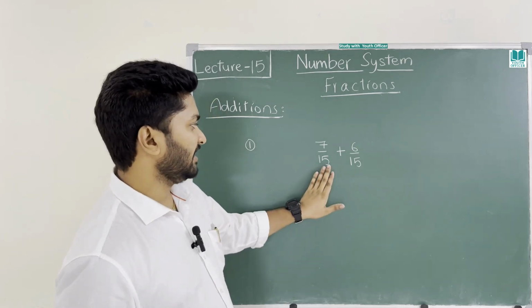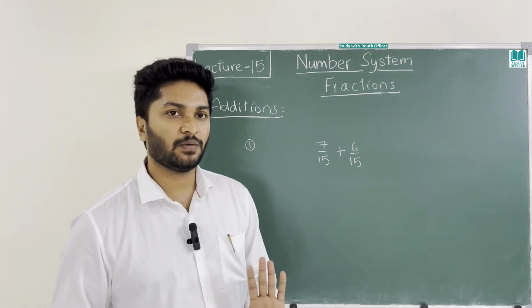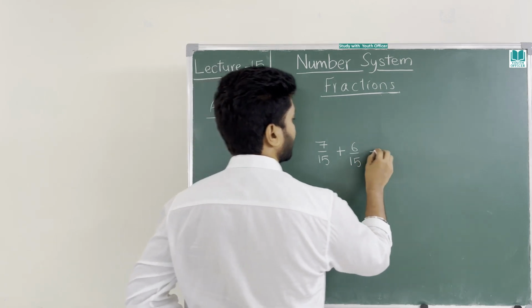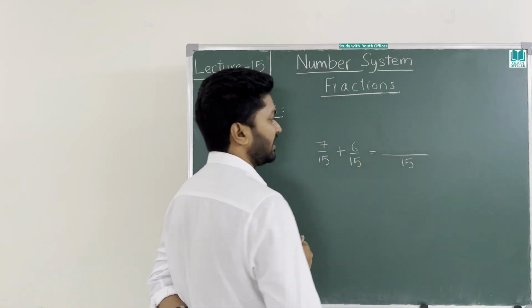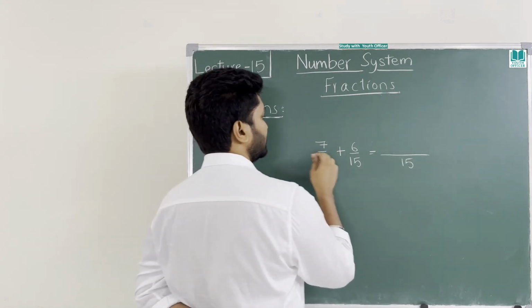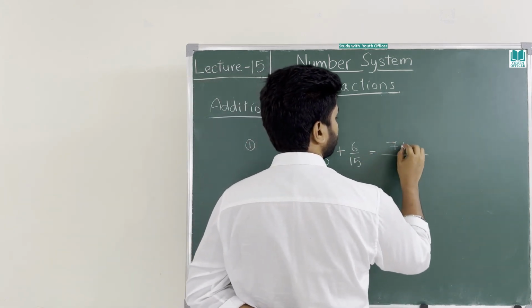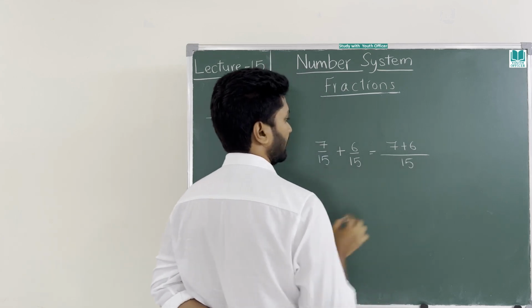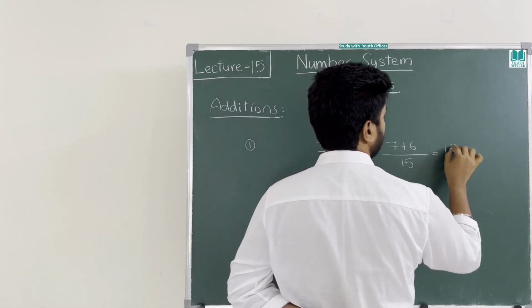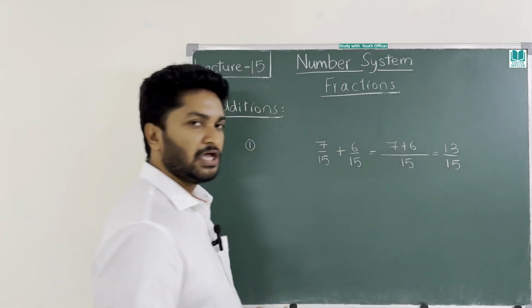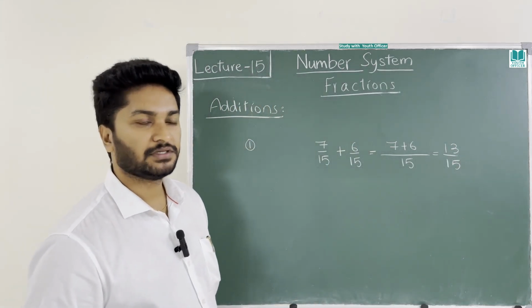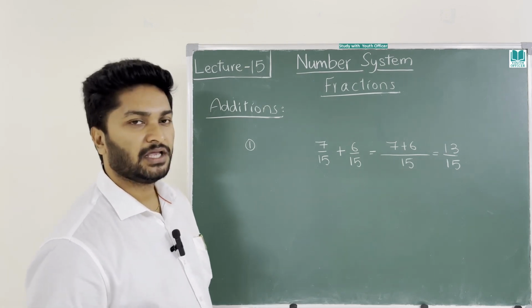We are very lucky in this example, the denominators are equal. So directly I will write the denominator 15 in the answer, and 7 plus 6 is 13. This is 13 by 15. So far so good? You're happy?